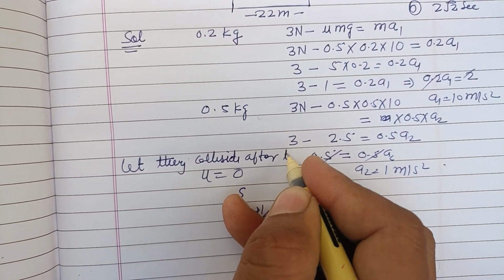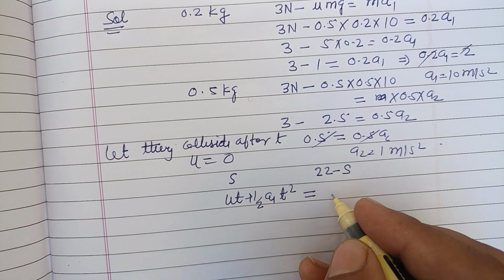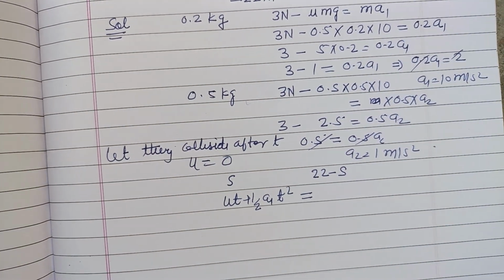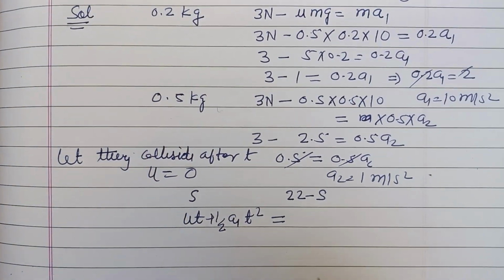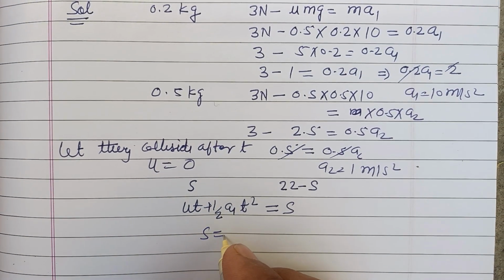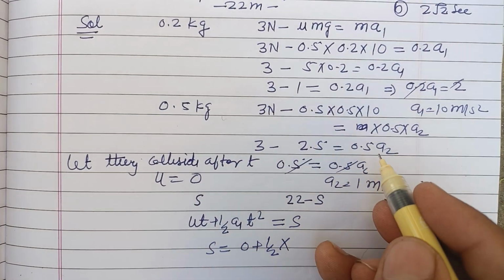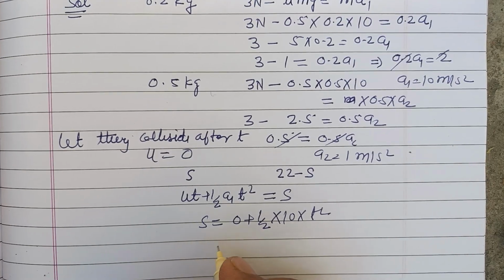So s equal to ut plus half a t square, that is s. So s equal to ut, where u is 0, plus half a1, which is half of 10, into t square.